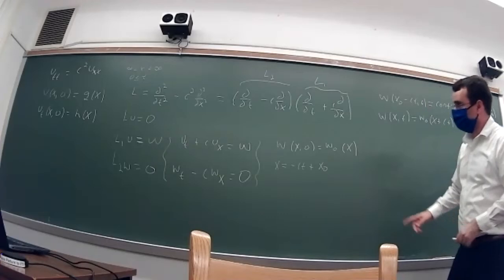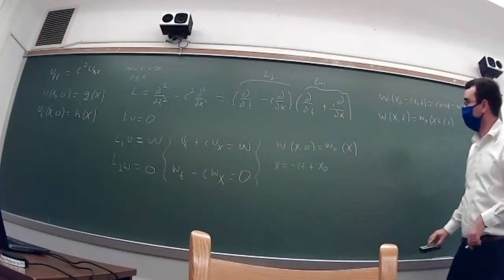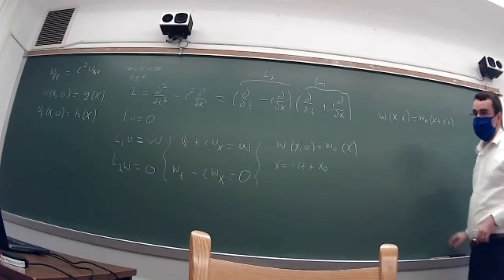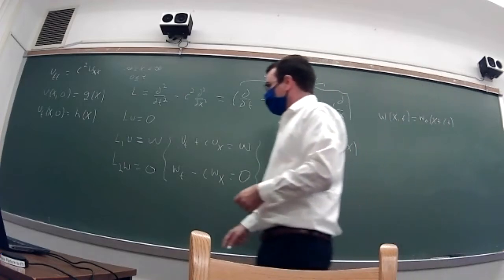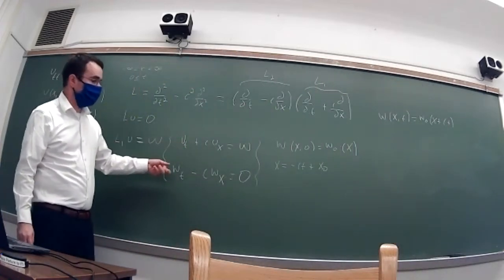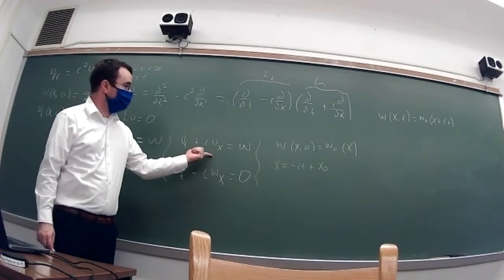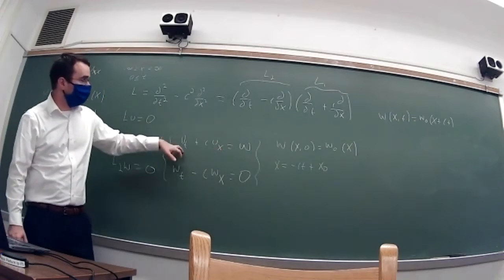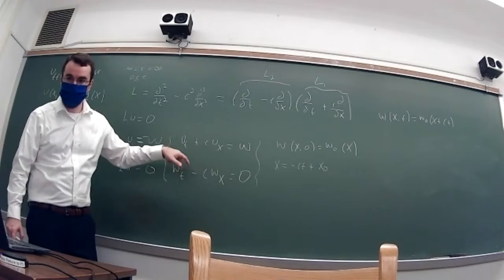All right, so let us now solve the other equation. So I'll keep this. And here we're in a slightly different circumstance, so it's no longer true that the derivative is going to be 0, it's going to be equal to w. But when we set up this equation, well, let's just do it.